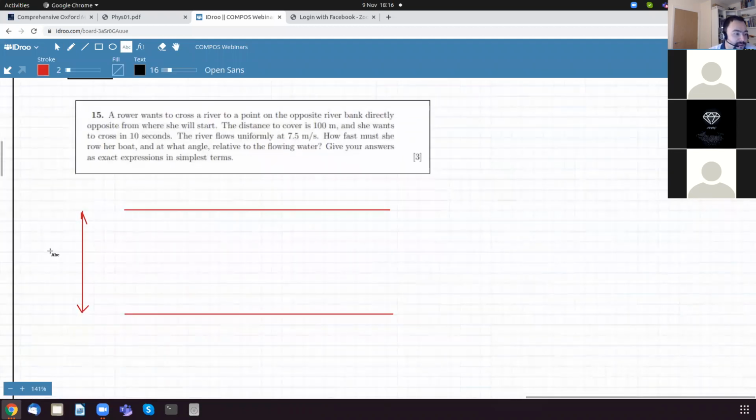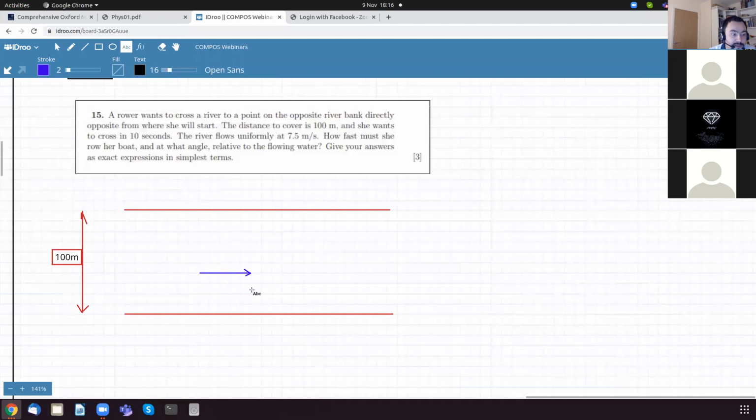Okay, so 100 meters, and there's the speed of the water. It's a very rapid stream, 7.5 meters per second. Previously in the PAT you weren't allowed to use a calculator; 3 years ago they changed the rules, so you are.